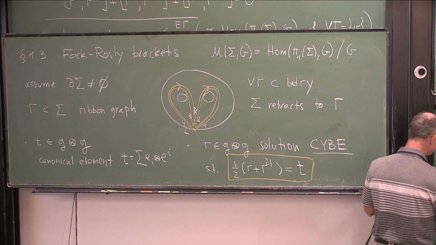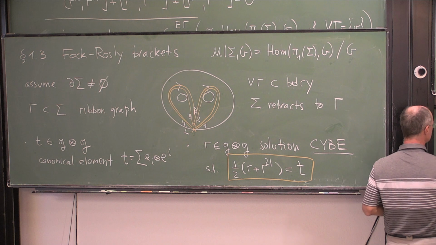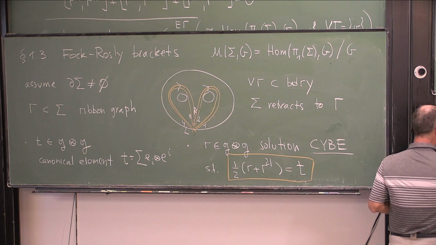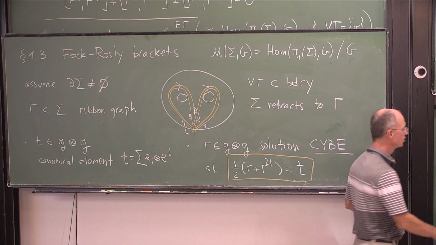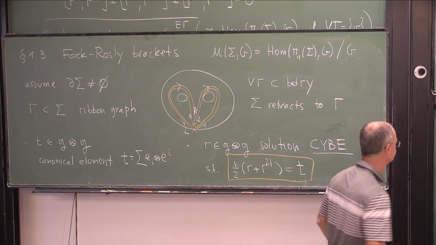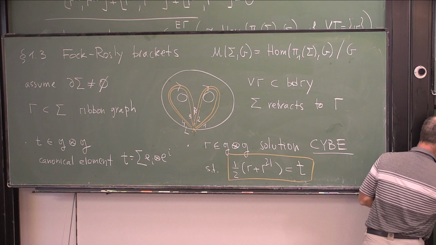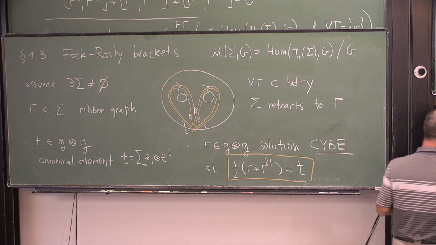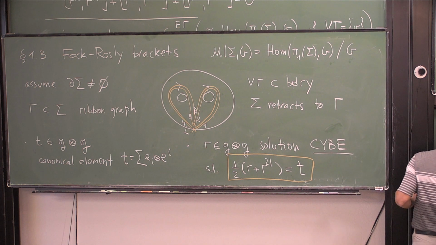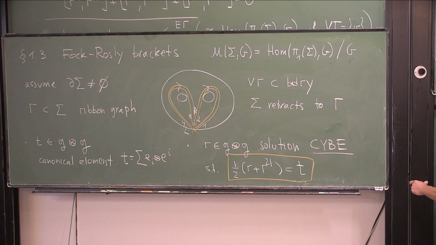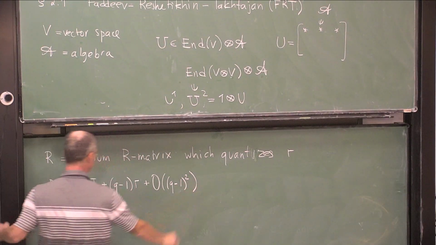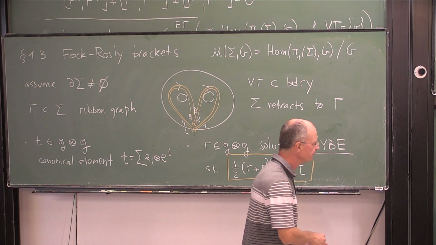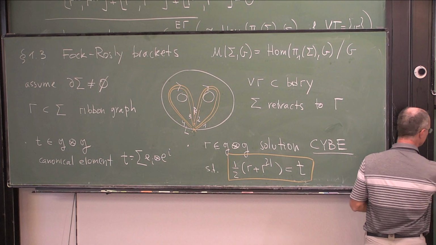What does it mean? Typically this means that R is a function of a parameter Q, or sometimes people prefer to denote Q as the exponential of h bar, and it is equal to 1 plus (Q minus 1) times small r plus O of (Q minus 1) squared. Or you can replace Q minus 1 by h bar if you want. So that's the first condition.